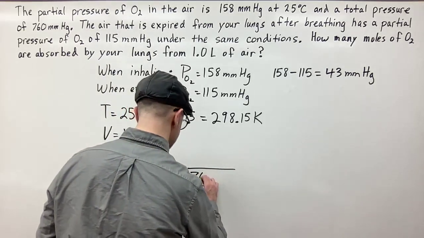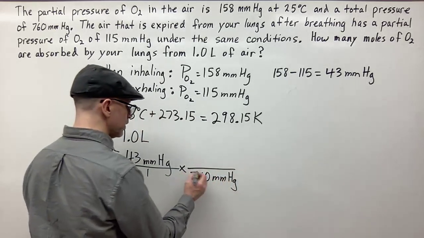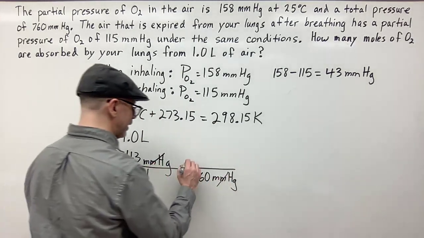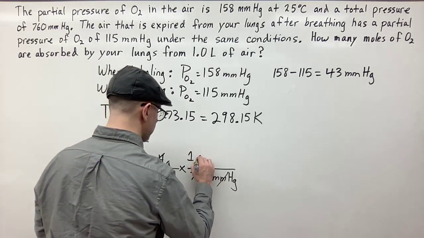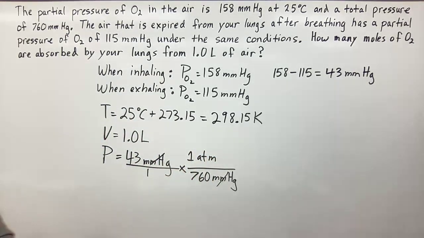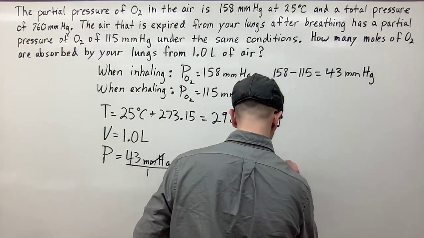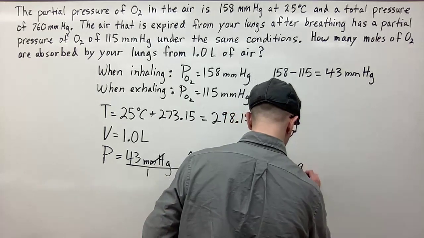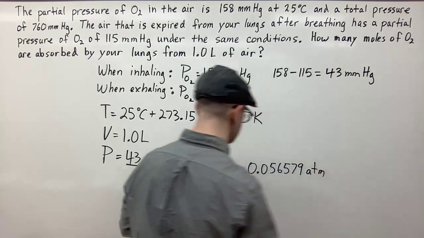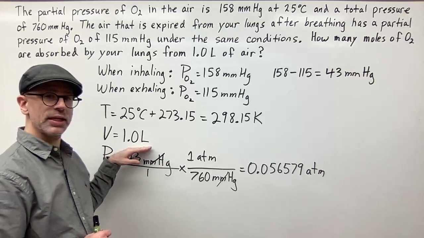So I'm going to put 760 millimeters of mercury on the bottom. That'll cancel out, and I end up with 1 atmosphere on top. So when I divide these two, I get 0.05657 atmospheres.